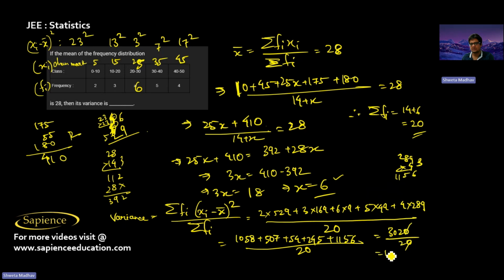So this is equal to 151. So the variance is 151. 151 is the answer.